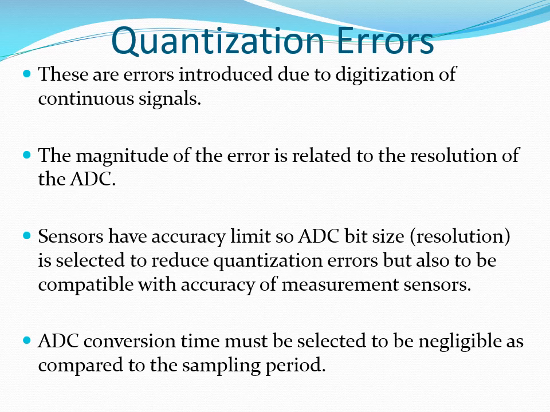So as we improve the resolution of the ADC, we make sure that we don't increase it beyond the accuracy of the sensor, as that move will not be worth it. Another thing to note is that the ADC conversion time is selected to be negligible as compared to the sampling period.